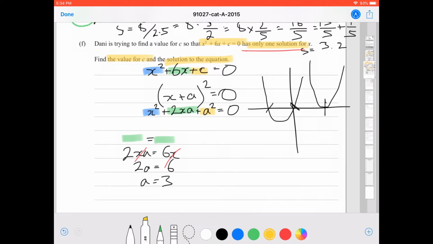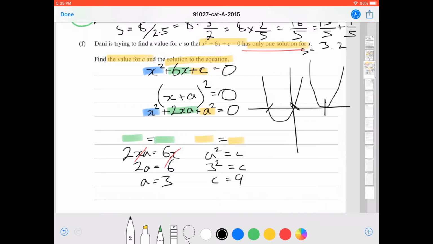Likewise, we could say orange or yellow. Yellow equals yellow. Okay, so it becomes a squared equals c, and we have a value for a. It's 3, so 3 squared equals c, and therefore c equals 9.